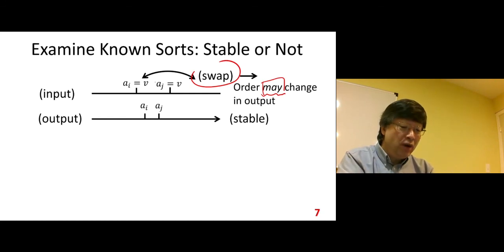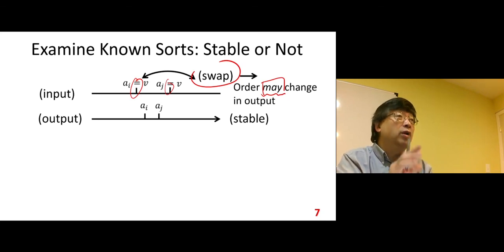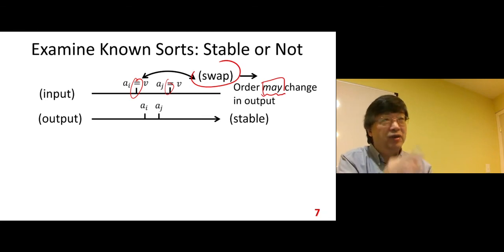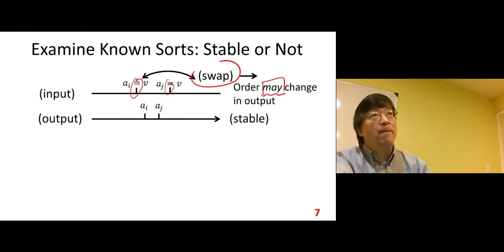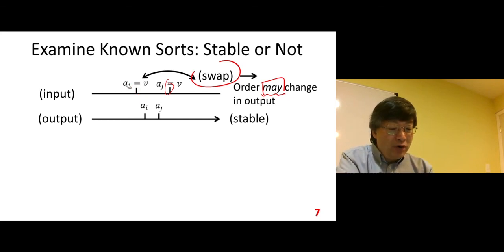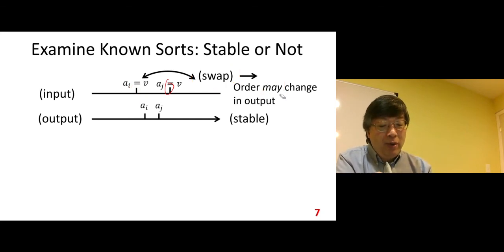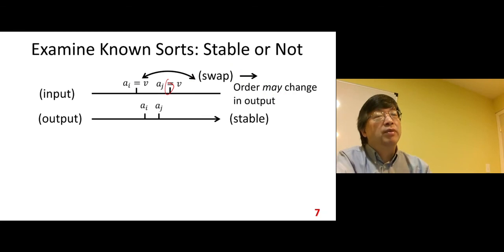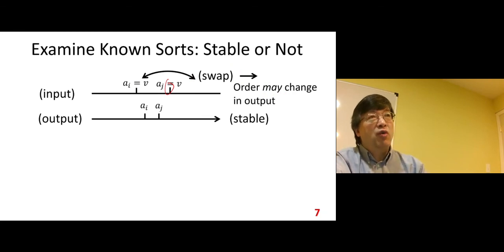Only if the first one is greater than the second one do we do the swap. If the first one equals the second one, we don't do the swap. So for the bubble sort, we won't change the order to the opposite way. Although we do swap, it is an adjacent swap, and if you do adjacent swap, you won't change the order.